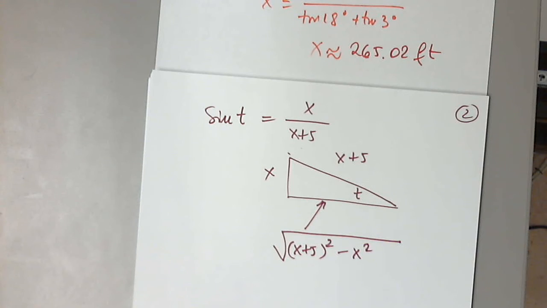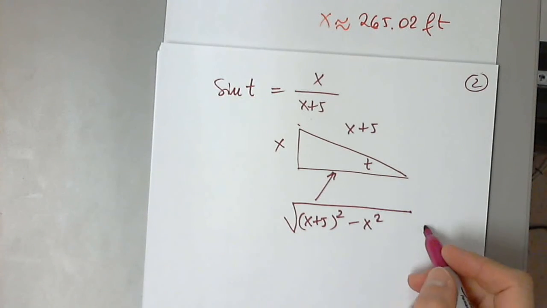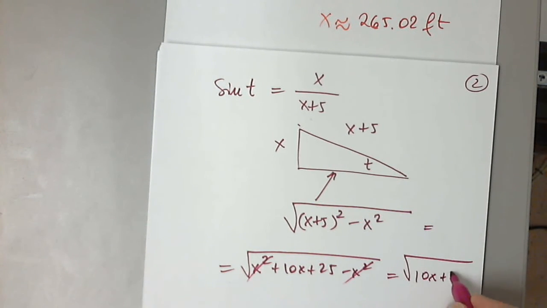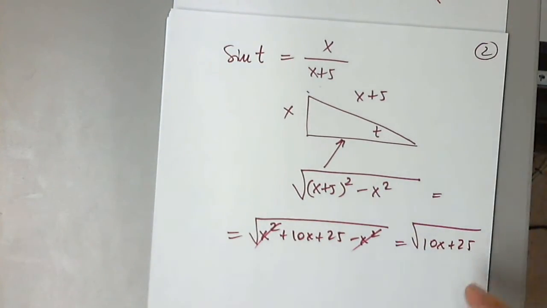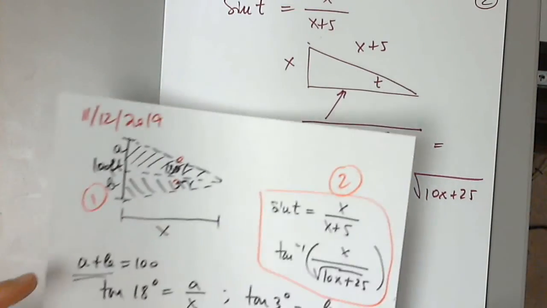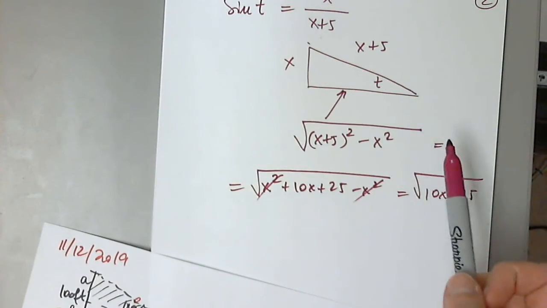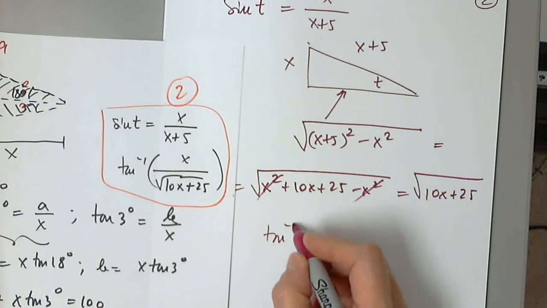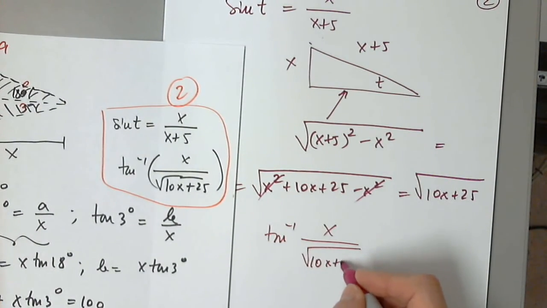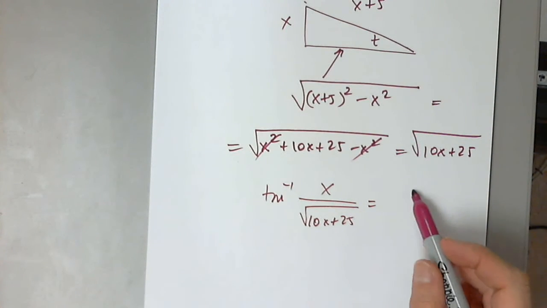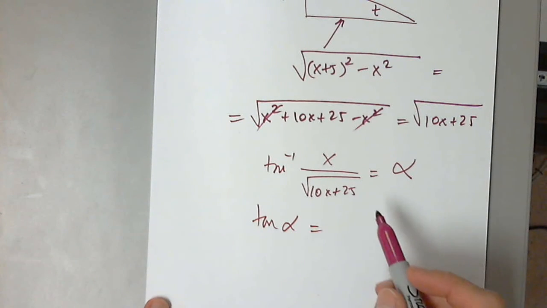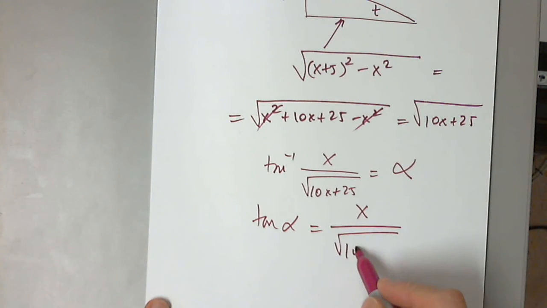Everyone? Yes? Okay, so now I have to expand this and simplify it as much as possible. So this is x squared plus 10x plus 25 minus x squared. So the answer is 10x plus 25. So now we have all the sides of this triangle, and we're asked to find tangent inverse of x over the square root of 10x plus 25, which is obviously an angle, which means the tangent of alpha is x over the square root of 10x plus 25.